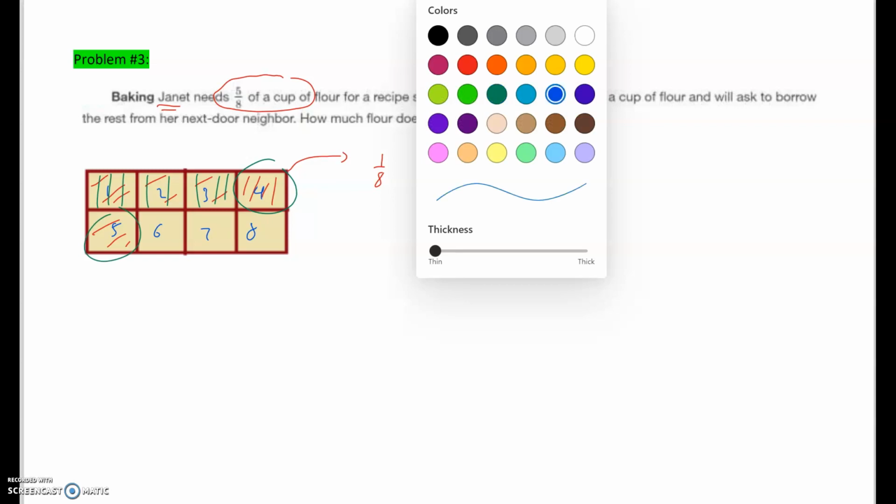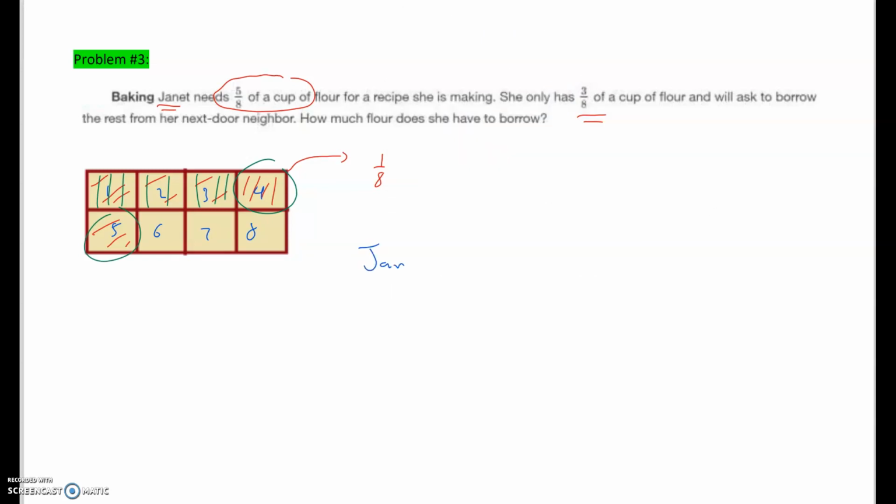So let me just rewrite it as Janet would need to borrow, and in this case, it's going to be 2 8ths, which is 2 times 1 and 2 times 4, or 1/4. Let me just rewrite it as Janet will need to borrow technically 2 8ths, which is equal to 1/4 of a cup of flour.